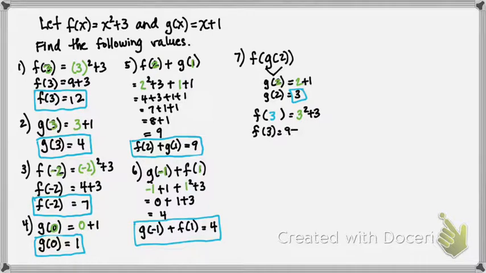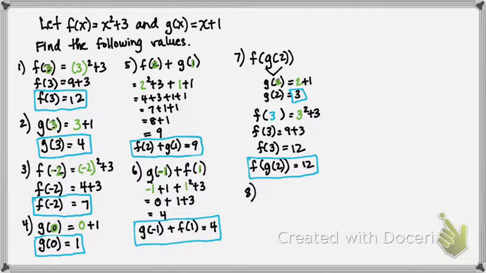So we're going to get 9 plus 3, and we get the value of f at 3 is equal to 12. So our full conclusion would be the value of function f at the value of function g at 2 is equal to 12. So again, that's your final output on this one. Okay, let's do another one.